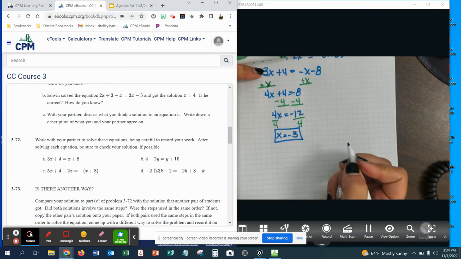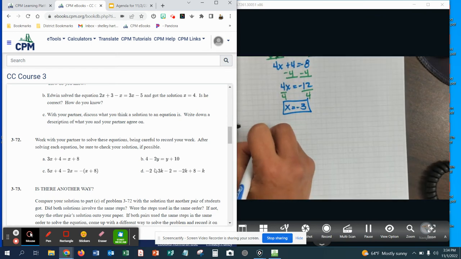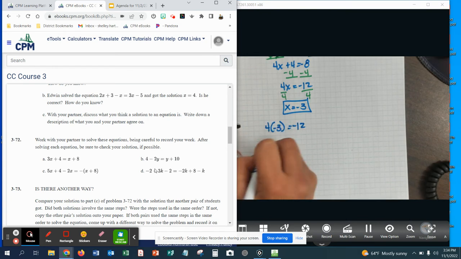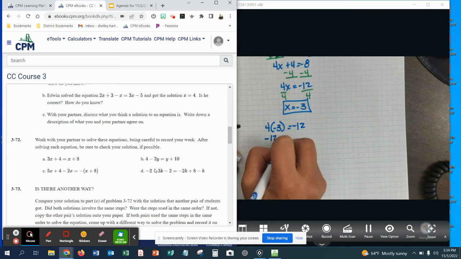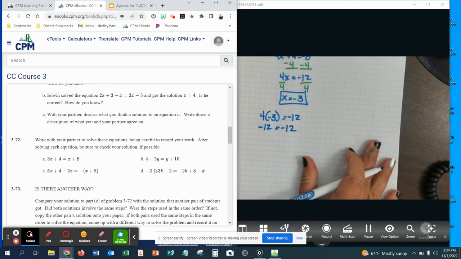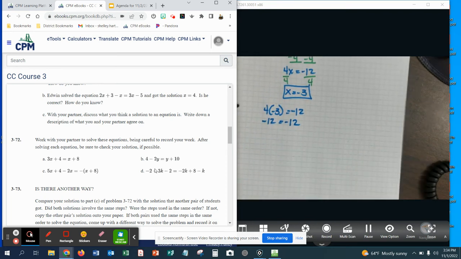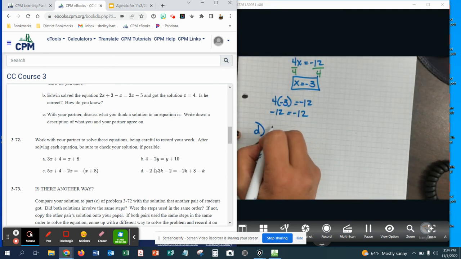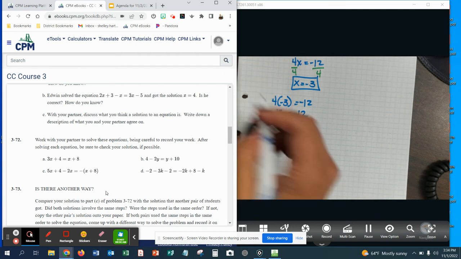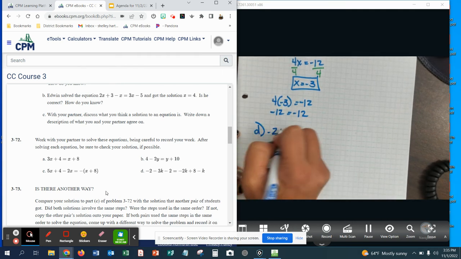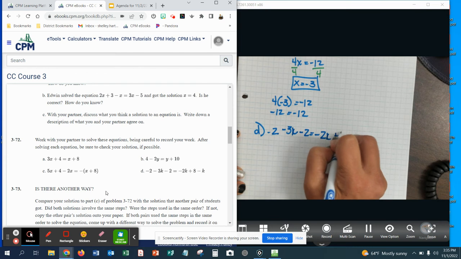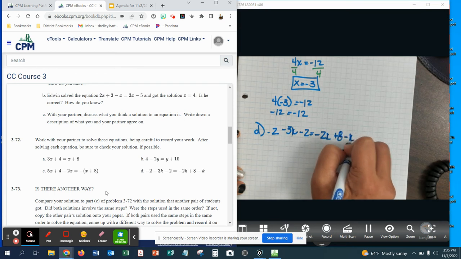Can I check myself? Yes, I can. If you have 4 times negative 3 equals negative 12, this side is going to be negative 12, and so is this side. So C is a solution. Last one is D. I have negative 2 minus 3k equals negative 2k plus 8 minus k.